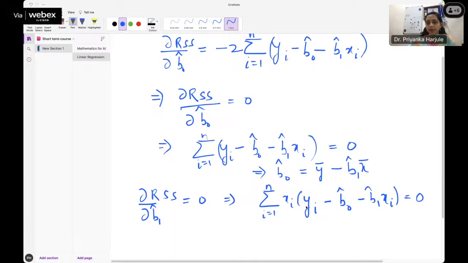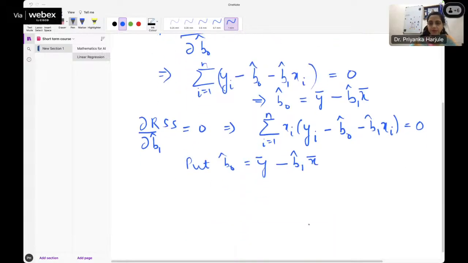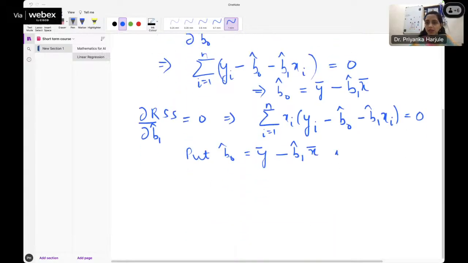So this is how you get b naught cap. This you substitute in the second equation. So you put b naught equals y bar minus b1 cap x bar in the above.